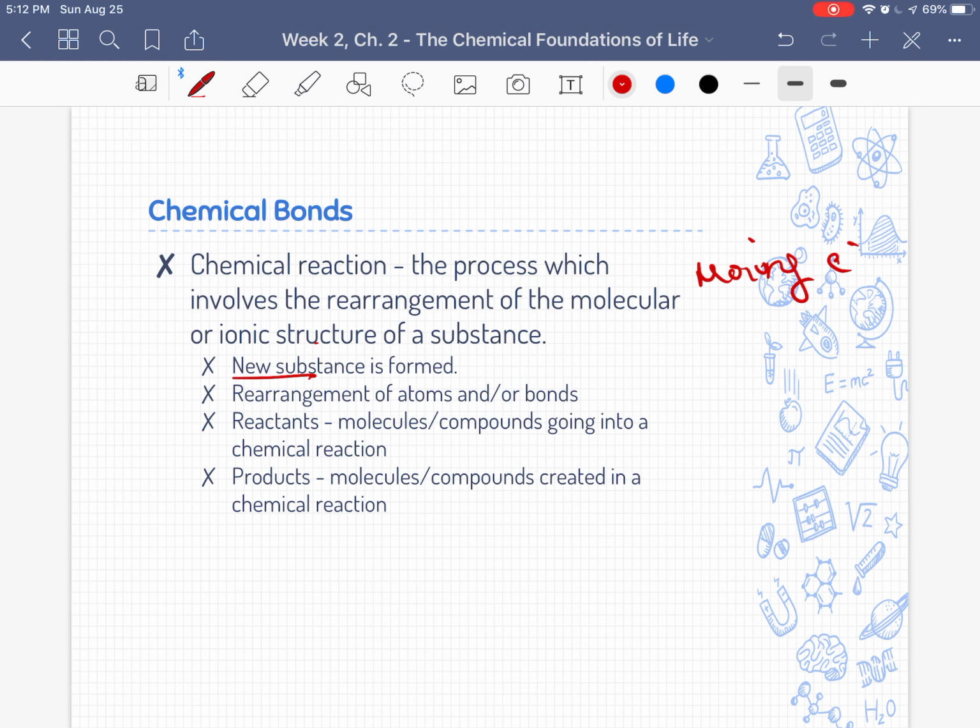Those substances will have properties that are different, most likely, from the elemental properties of the elements that are making up the substances. When we go through a chemical reaction, we are rearranging the atoms or bonds and giving new results. When we talk about a chemical reaction, we have reactants that will come together and give us products.